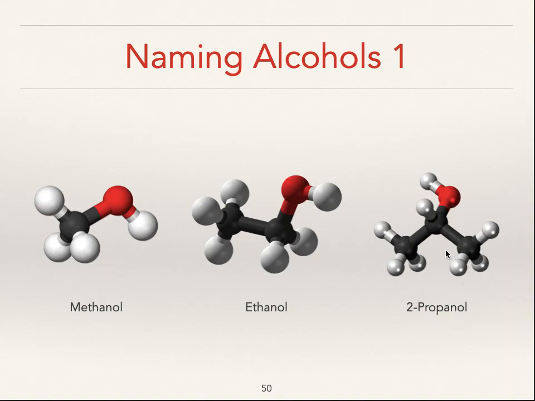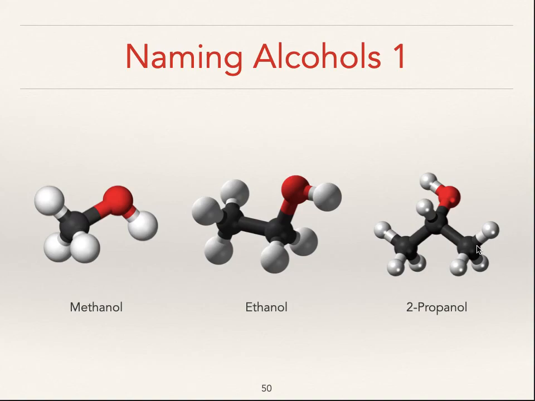You say, could we have numbered 1, 2, 3? Could we have put this hydroxide over here on the third carbon? Or if you want to count 1, 2, 3, could we have put the hydroxide on the third carbon on this side? And the answer is no, because you always want to name putting the functional group on the smallest numbered carbon.